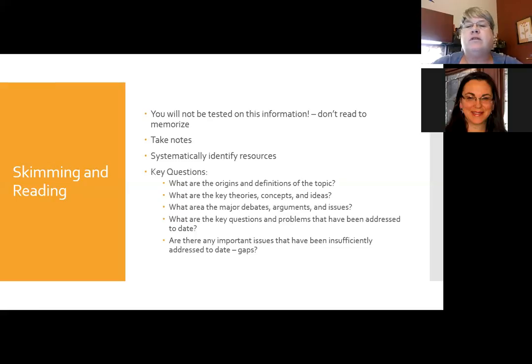Do you have sources that cover any debates, arguments, issues or controversies with your topic? Are there questions and problems that have been addressed? Do you have sources that talk about that? And are there gaps in the literature? What are those gaps and where are they? Being able to look at those can help you do well-rounded research.